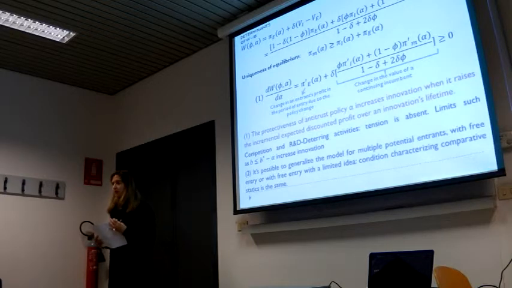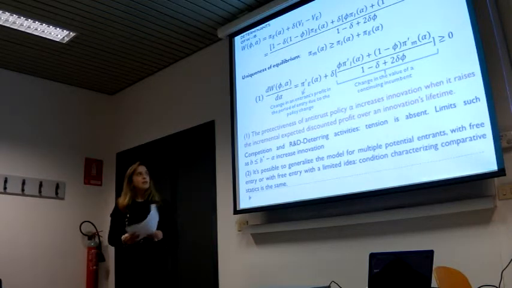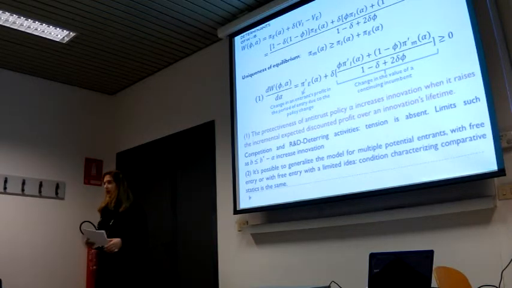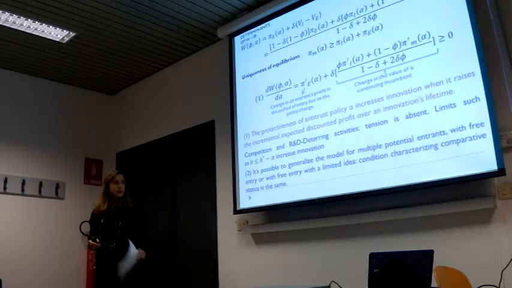But at the same time, as I said before, the entrant has the purpose to become the new incumbent. So it has a higher incentive to innovate and to become it. It's also possible to generalize this model to multiple potential entrants, so not taking into consideration just one entrant firm, but more than one.